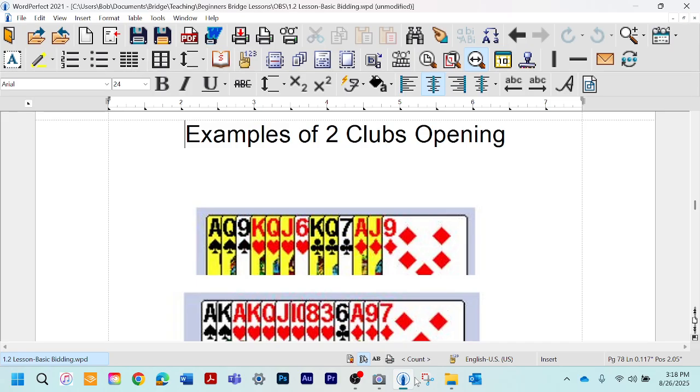See, the problem is, if he opens one heart, there's a good chance his partner doesn't have 6 points. And so he would pass, and there they'd be with this huge monster of a hand, and not going to be able to bid game. But really, with these big hands, all the partner needs is just 2 or 3 points, and we're going to be close. So anyway, that's the reason for this 2-club bid.